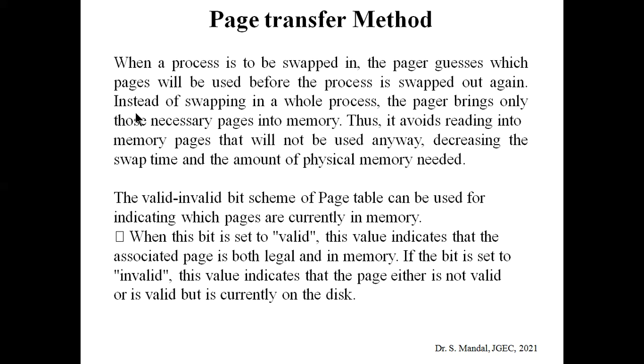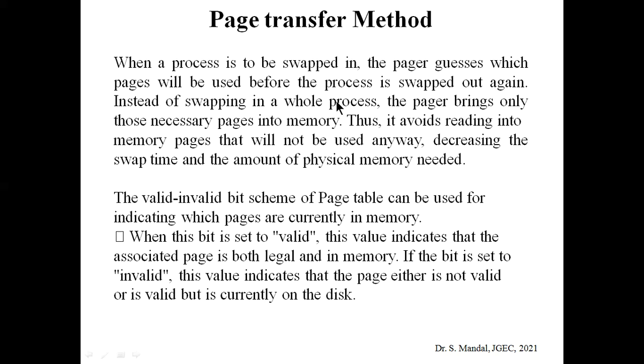Next we come to the page transfer method. How can we transfer the pages into the main memory? When a process is to be swapped in, the pager guesses which pages will be used before the process is swapped out again. Keep in mind that the pager guesses which pages will be used before the process is swapped out again.